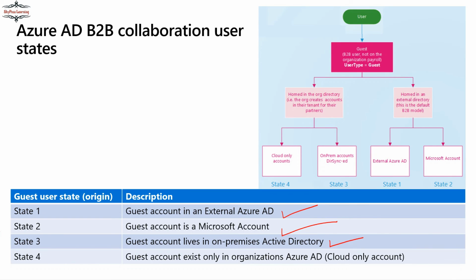It can be an on-premises Active Directory account, or a guest account can exist in the organization's Azure Active Directory as cloud-only accounts. So these are certain situations showing the collaboration of Azure Active Directory accounts for guest users and identities.